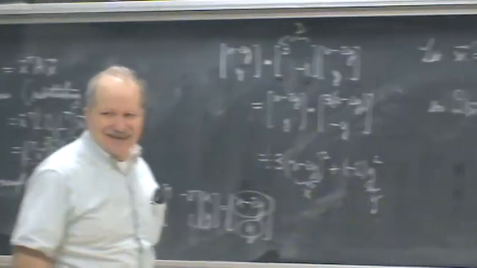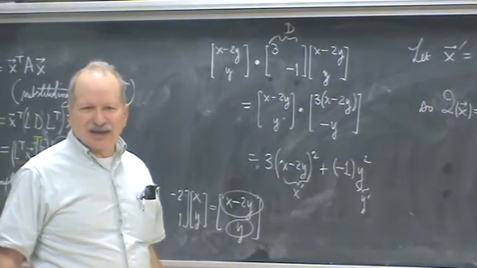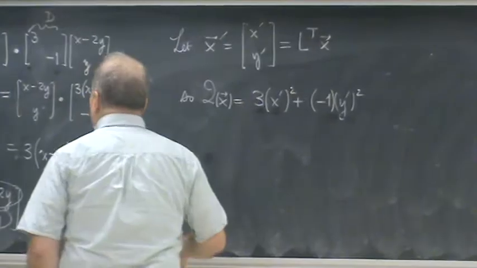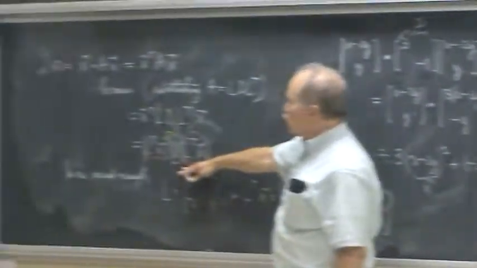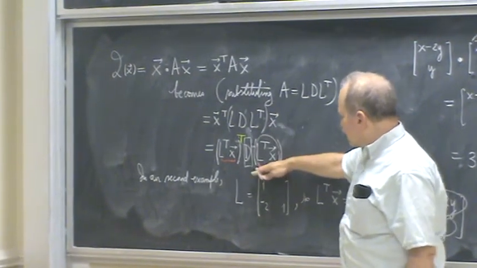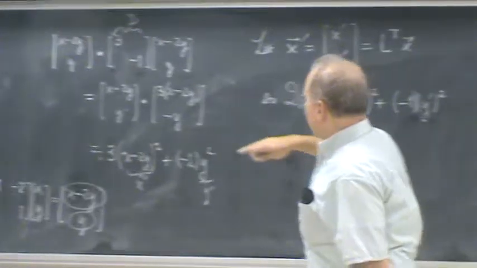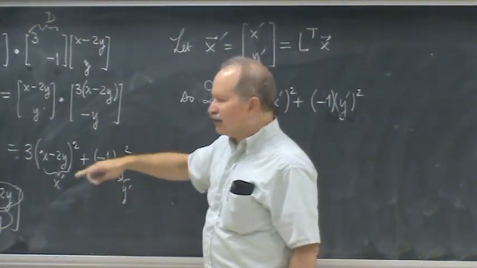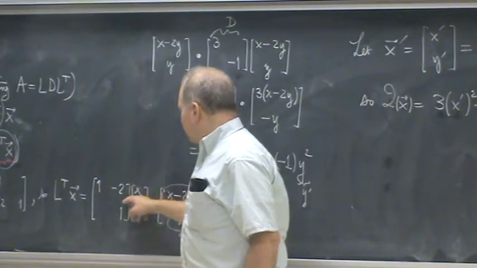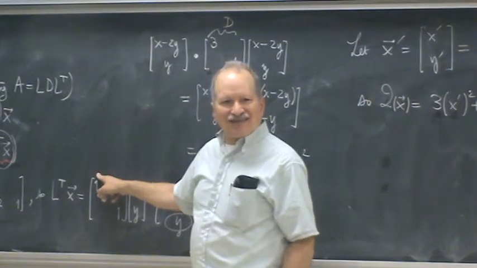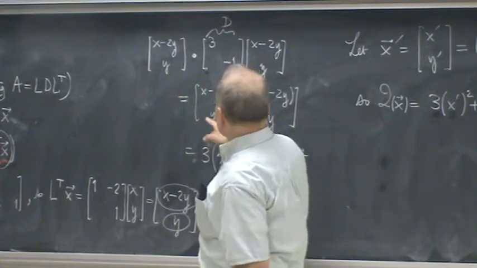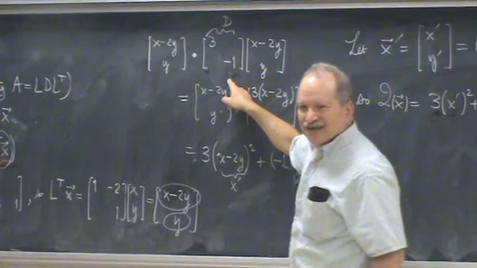This calculation shows you why the linear algebra is giving you exactly the completing the square that we did algebraically. It got rid of the off-diagonal terms and leaves you just with the diagonals.